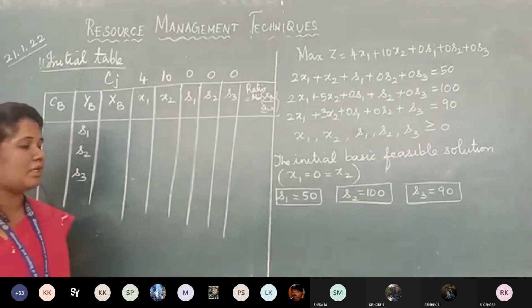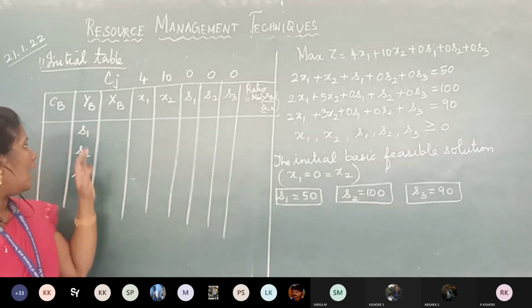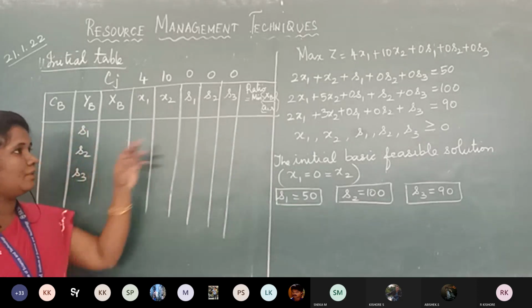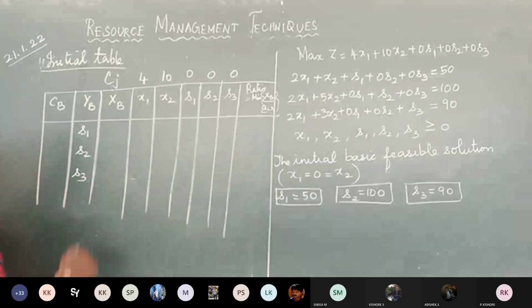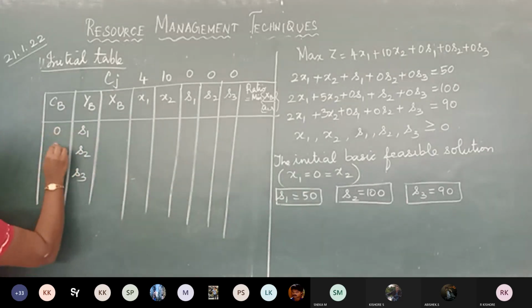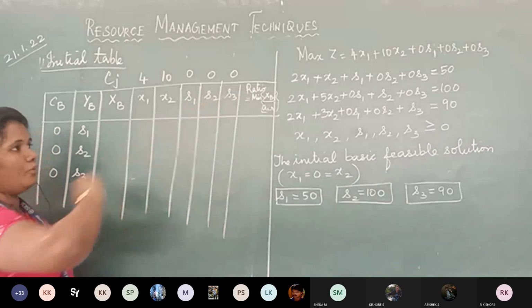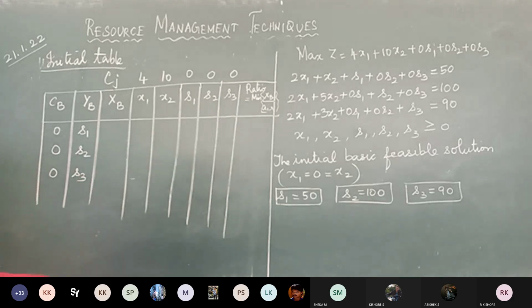Whatever basic variables you have taken, you will write in your YB. And the corresponding objective function coefficients of the slack variables you will write in column CB. So that will be 0, because we know that the values of the slack variables we take as 0.